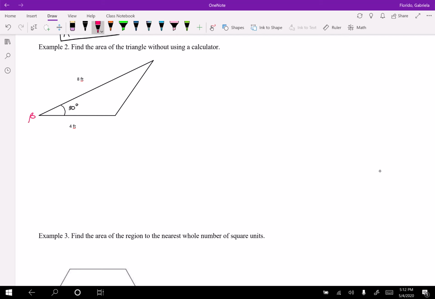And so the length opposite of beta is going to be little b, which we don't know. Okay, and I'm just going to let this be alpha. And so the length opposite of alpha is going to be little a. And this missing angle here is going to be called gamma.